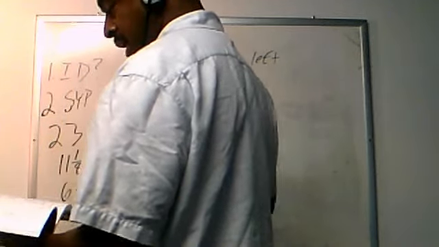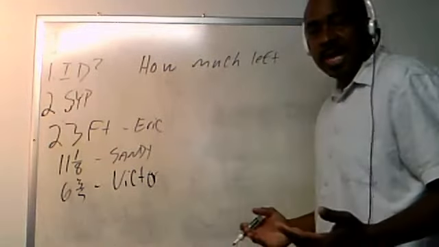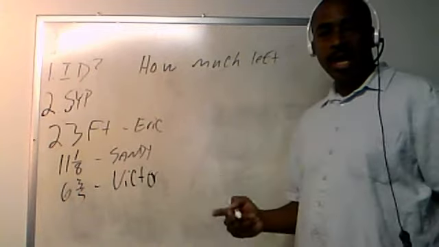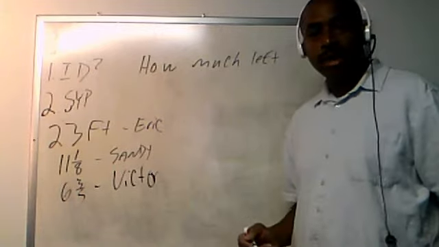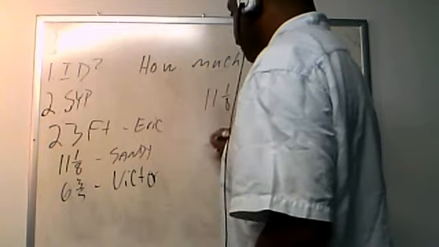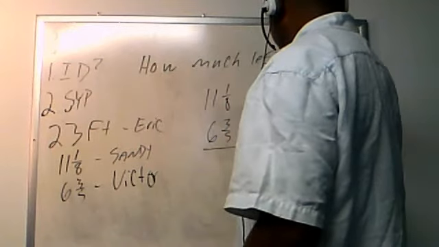That's Victor's piece, so that's taken away. So the question is how much he had left. Well, if he started with 23 and he gave away 11 1/8, and if he gave away 6 3/5, obviously you've got to add 11 1/8 and 6 3/5. Okay, LCD there is 40.